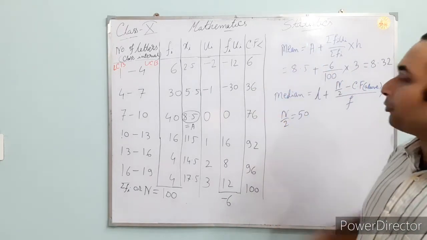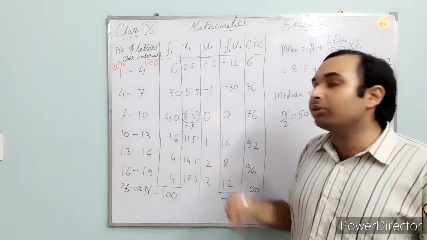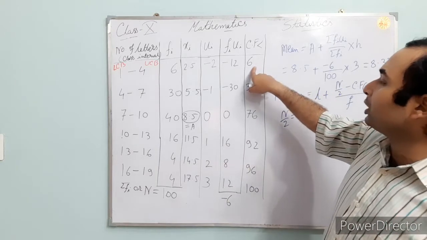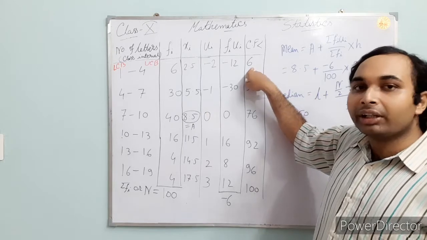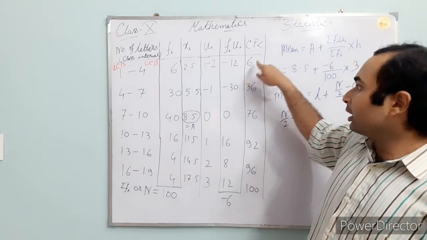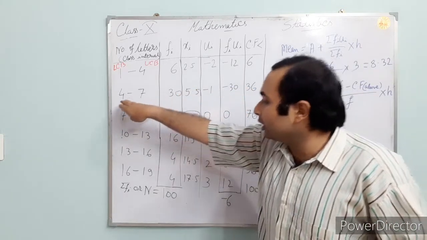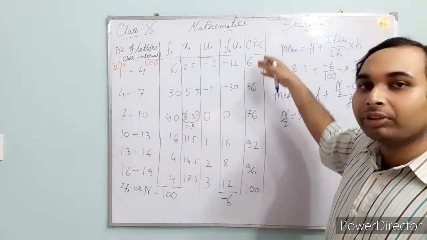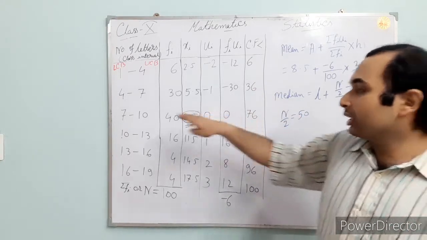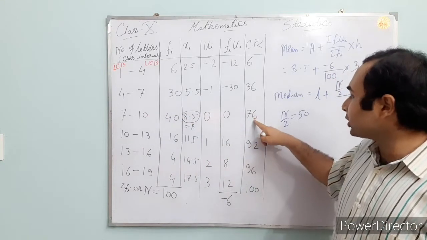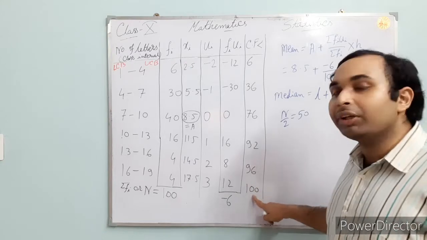Now see the cumulative frequency. What is the meaning or significance of cumulative frequency? Here in this row the number of data is 6, from number 1 to number 6. In this row, 7 to 36 these many data are there. From 37 to 76 in this row. From 77 to 92, then 93 to 96 and then 97 to 100.